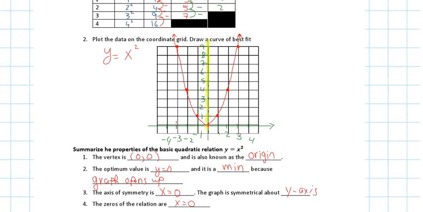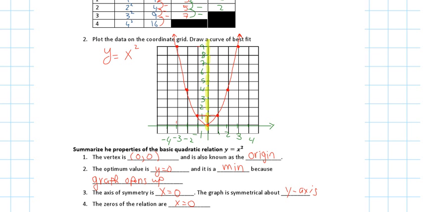From the vertex, if you know where your vertex is, then to find your next point, you're going to go up 1 over 1. That's the first point. You go up 1 over 1 to both sides, and you find your first point after the vertex.